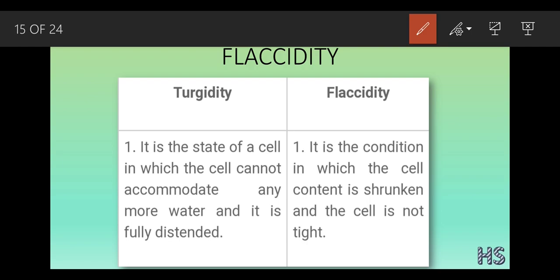The first one is called turgor pressure. As the space is insufficient, I'm going to write a shortcut, TP. TP stands for turgor pressure. And the second is called wall pressure.